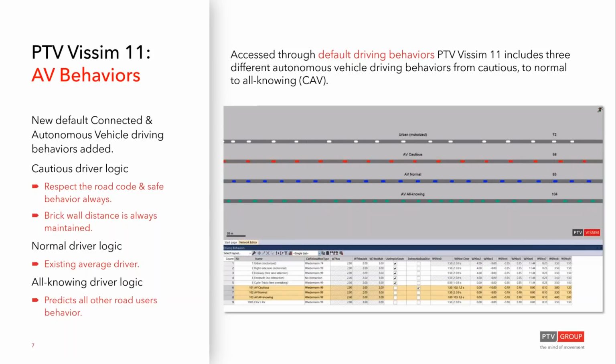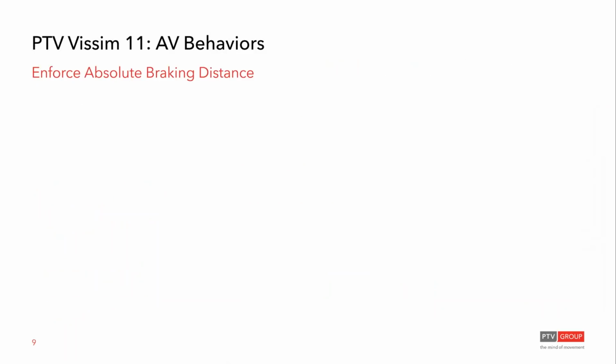The all-knowing driver logic is also the only one which adjusts its headway when another all-knowing vehicle is in front of it, because the assumption is that they are connected and know of each other, and then they can use smaller headways. So what are the new functionalities in the driving behavior in PTV Vissim 11?